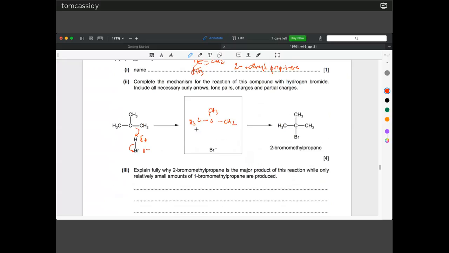Okay. And because the pair of electrons went from the double bond to here, then you've got a positive charge there, and actually we've done that wrong. We've now got 3 hydrogens here. We could actually draw those out, it's a bit clearer.